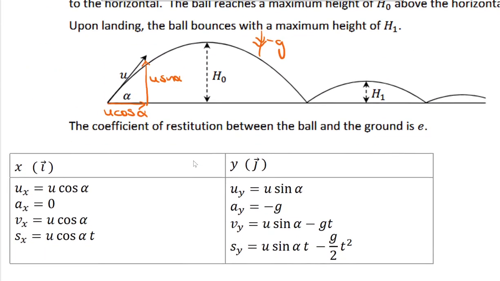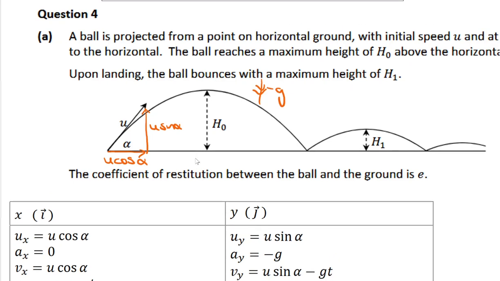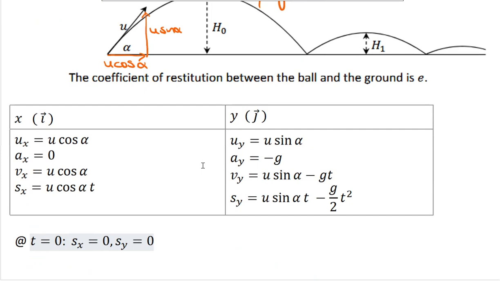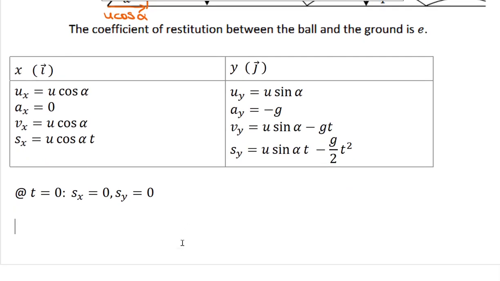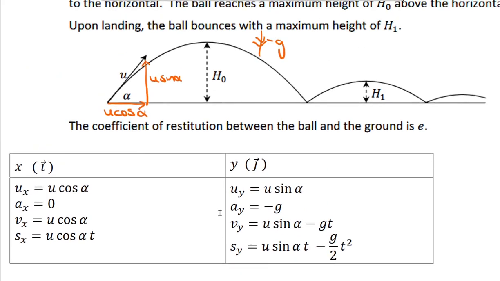We know, okay, we know the maximum height is h0. So the max height, sy max, is h0.